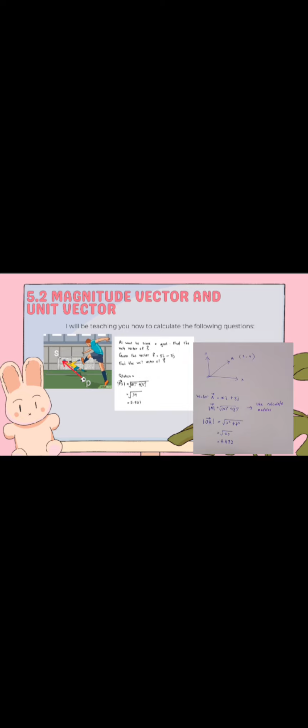We present the magnitude vector using the Pythagoras theorem. Okay, this is an example. We know that O to A is the coordinate (2, 4). So vector A equals xi plus yj, where this is i and this is j.